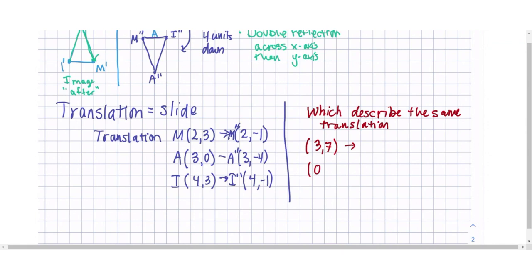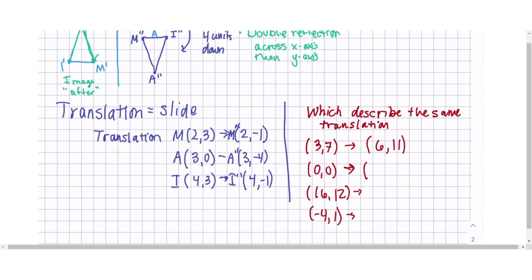Okay, did we have any more? I don't want to interrupt anybody. All right. So the same translation is going to happen to all of these. I'm going to do the same translation to some of these, and I want you to tell me which ones have the same translation. So this is going to be 6 and 11.